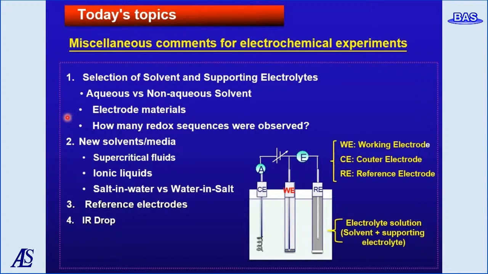Recently, new solvent systems such as supercritical fluid and ionic liquid have been introduced in the electrochemical field. The challenge of using such new solvent systems plays an important role in opening up new chemistry.